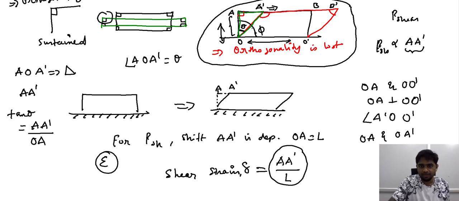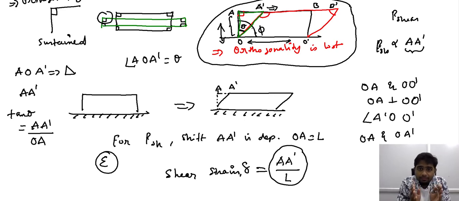So instead of considering the shift in the corners just as A prime alone, we are relating the shift to the fixed point O. And when you relate the shift to the fixed point O, you end up having an angle, and this angle is a part of the right angle triangle that is highlighted in green.